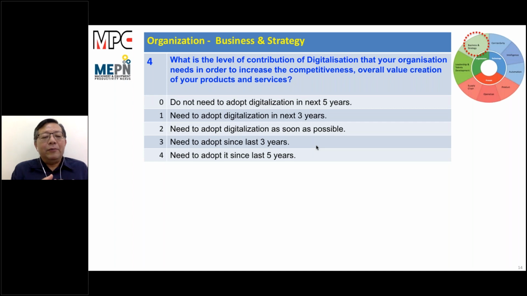Then number 4: need to adopt since the last 5 years. This is more critical because you should have implemented Industry 4.0 5 years ago, but now you are at the junction where you need to upgrade. So almost you do not have much choice. For this question, we would like to know how critical this is to your company's business strategy.